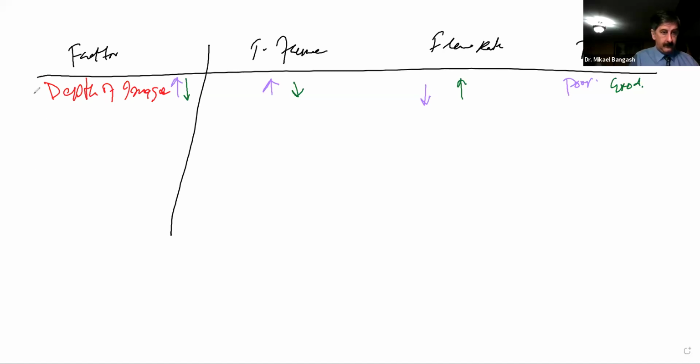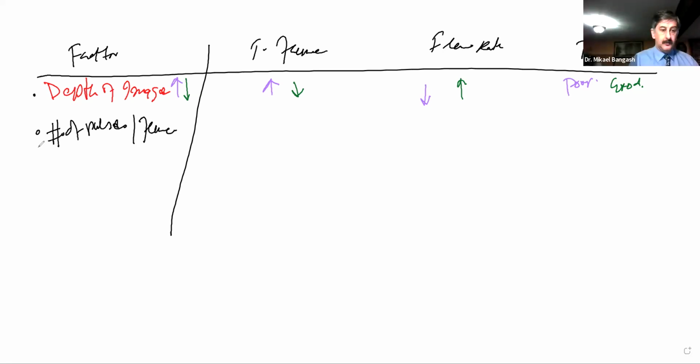Our other factor was mainly going to be number of pulses per frame. And this was going to be determined by three things individually.